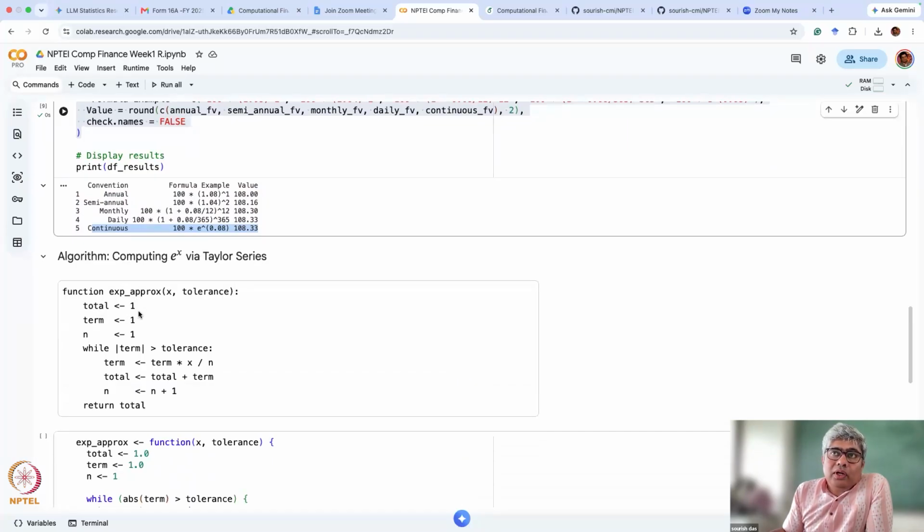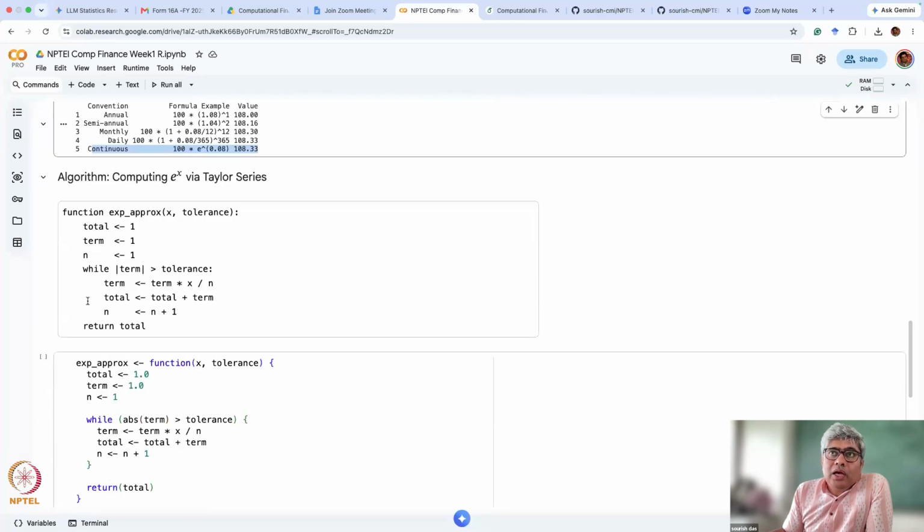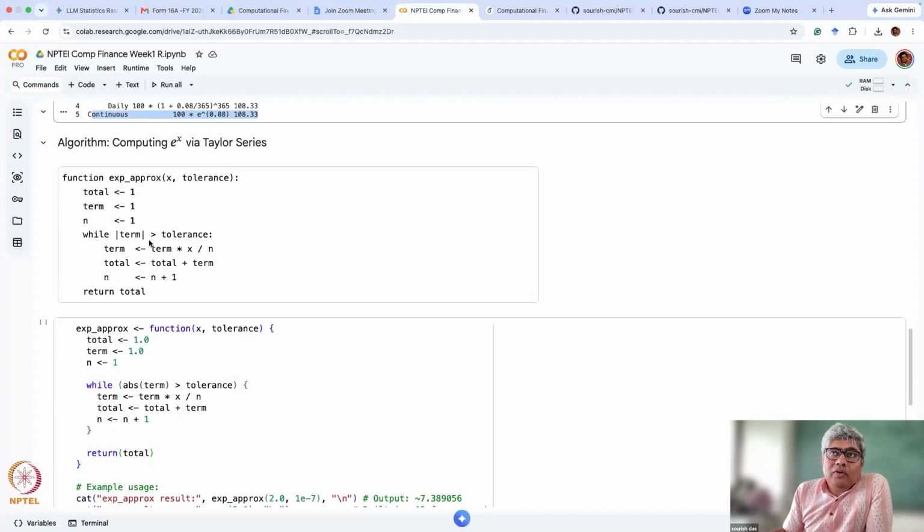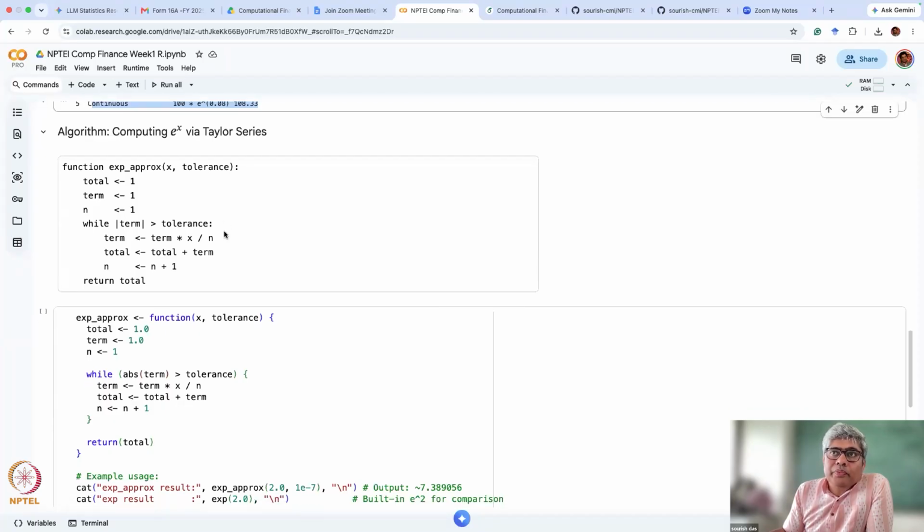You take total as 1, term as 1, n as 1. And while the absolute value of term is more than tolerance, you compute term times x by n, total is equal to total plus term, and n equal to n plus 1, and you keep doing it until you converge.